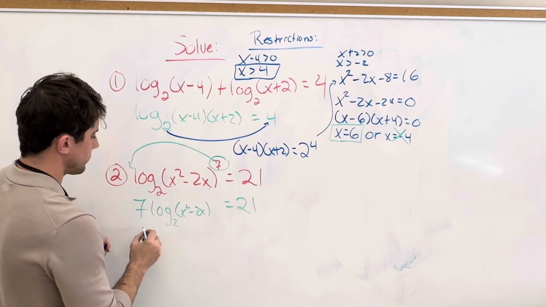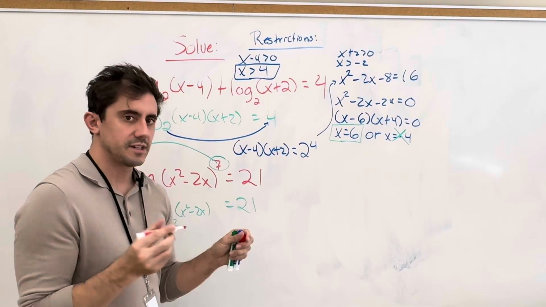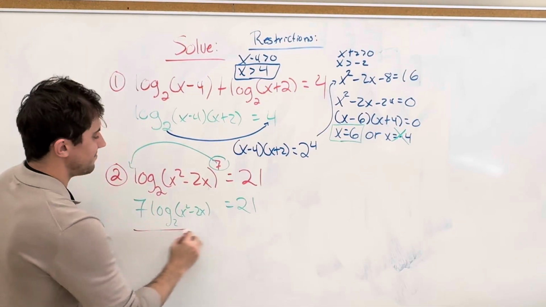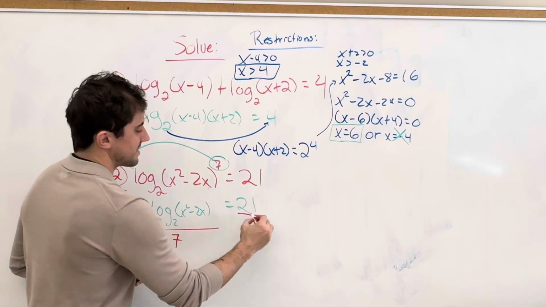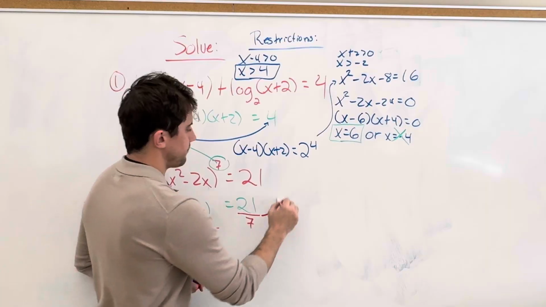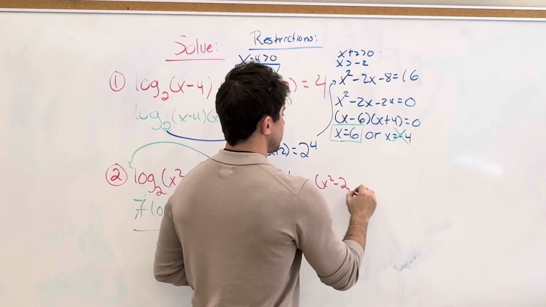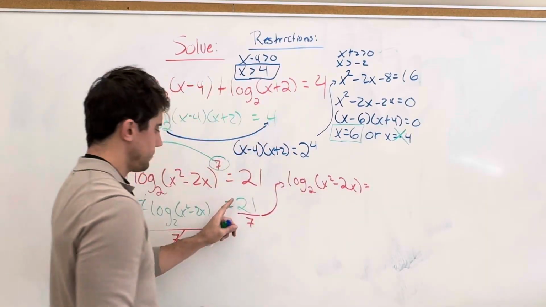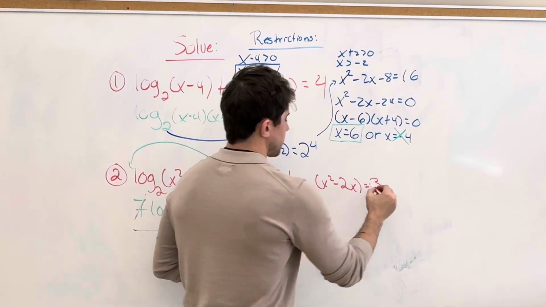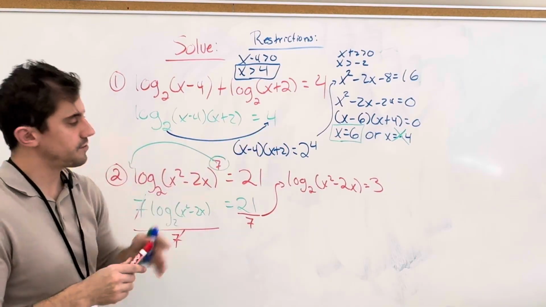We can go ahead and divide both sides by 7. Let's try to be consistent with the colors in the holiday spirit. Let's divide both sides by 7. So this cancels out. And so now we have the log base 2 of x squared minus 2x is equal to 21 over 7, which is 3. And now we can go with a similar process as we did above, right?